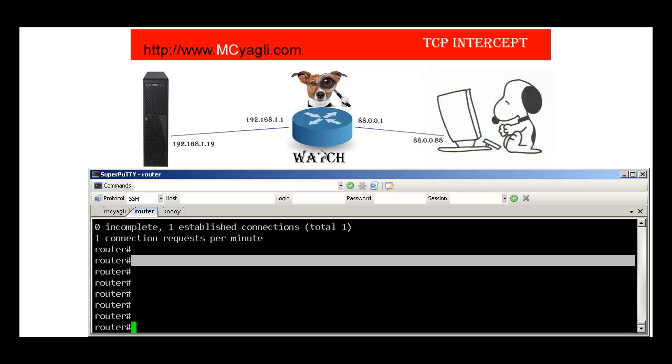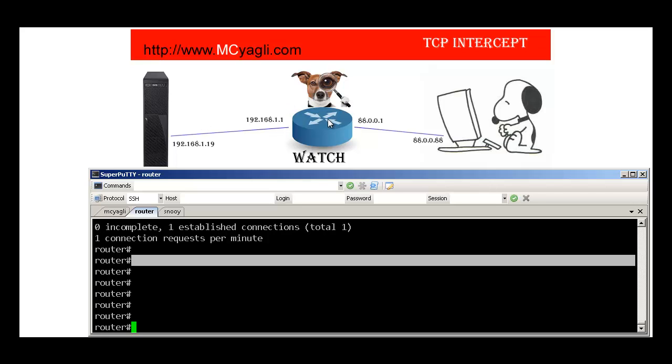I'll be talking about watch mode, and this router will be simply watching the TCP process. There is a timeout called watch timeout, and if the connection between Snoopy and the TCP server is not established during this time, the router forcefully injects reset messages to the server. It will cause the server to free up the allocated resources.